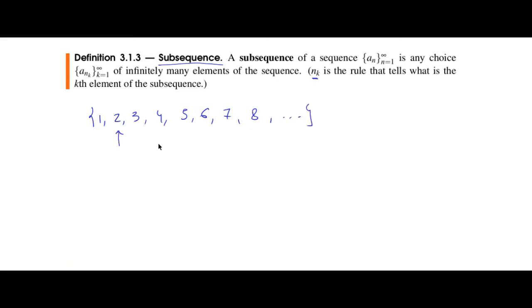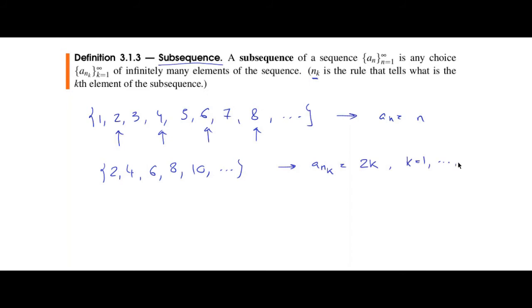Now suppose I take only some elements of the sequence, the even numbers. So now I have another sequence that is just formed by the even numbers of the previous sequence. If a sub n is n, we could write this as a sub n sub k, and n sub k is 2k, with k a natural number.